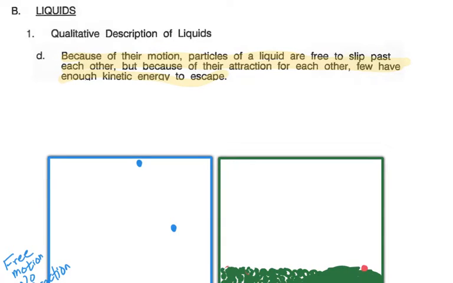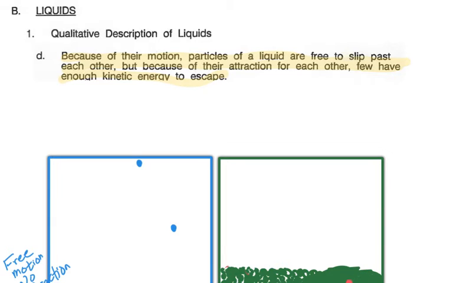But in the case of a liquid, what happens is they're holding hands. In my example of people, they're holding hands, and they would have to stay close together because of that. They don't have complete freedom of motion. They can slip past each other, so I could be holding one person's hand, then let go of that hand and grab another one, but because there's another particle right there, I'm going to constantly be grabbing on to another particle.